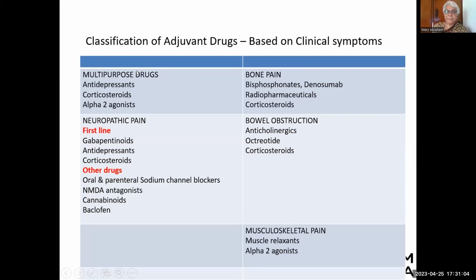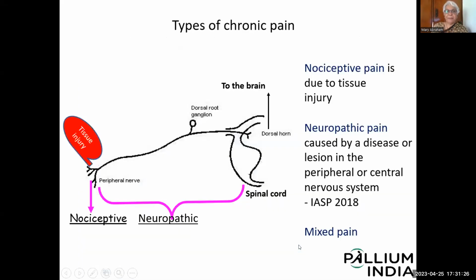You have the multi-purpose drugs like antidepressants, corticosteroids, or alpha-2 agonists. And then you have the neuropathic pain drugs. So these are all the drugs that can be given for neuropathy. And then you have the adjuvants for bone pain, the adjuvants for bowel obstruction, or for musculoskeletal pain. I'll try to go through that.